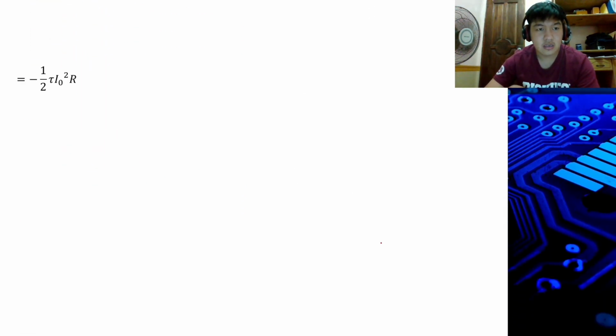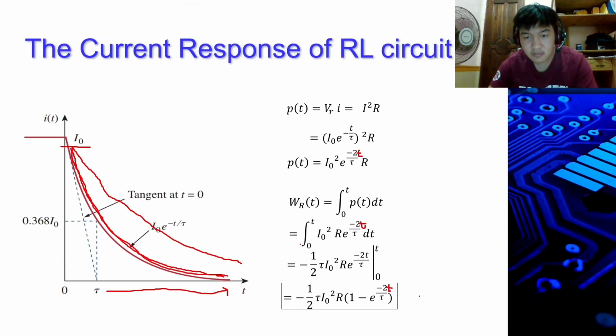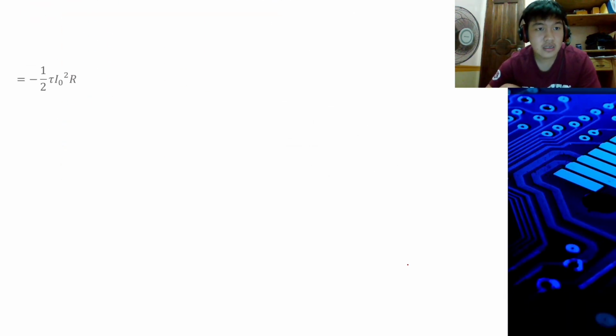Okay, so if the time is approaching infinity, this portion approaches 0, which leaves negative 1/2 tau I naught squared times R.